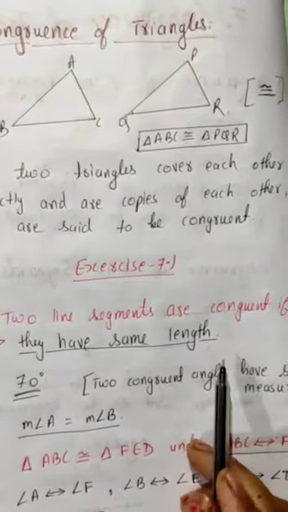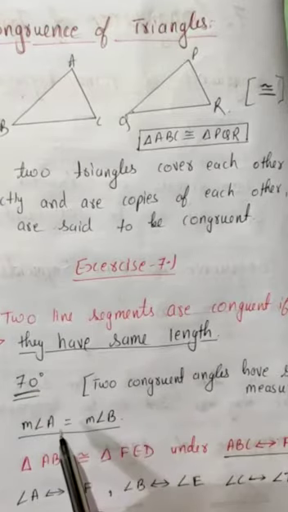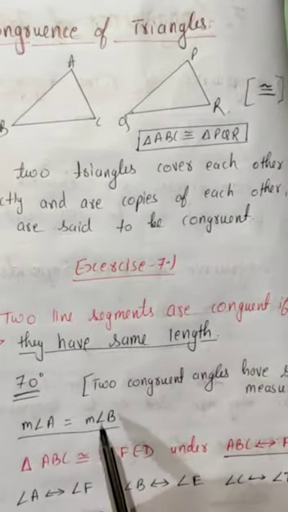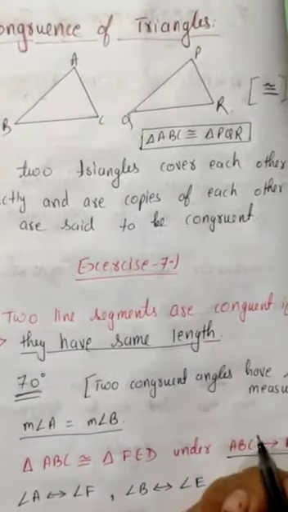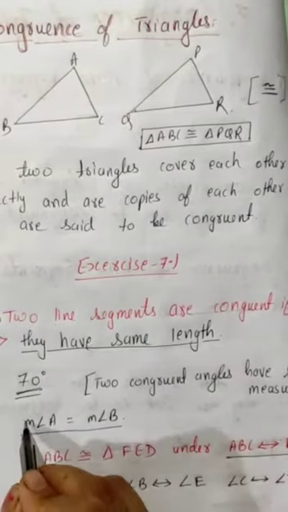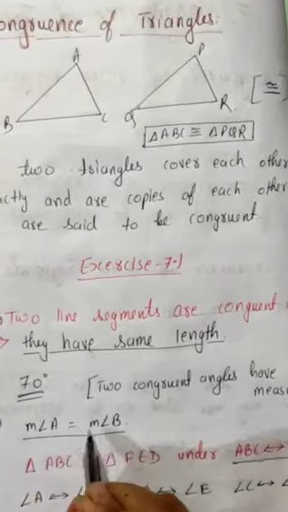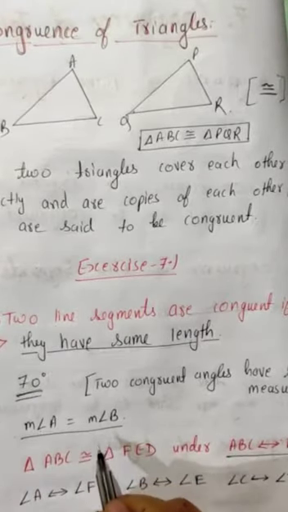So अगर एक 70 degree का है, the other will also be 70 degree. Now when we write angle A is equal to angle B, we actually mean, if angle A is equal to angle B, it means that measure, this M represents measure, measure of angle A is equal to measure of angle B. So this is the basic answer for this.